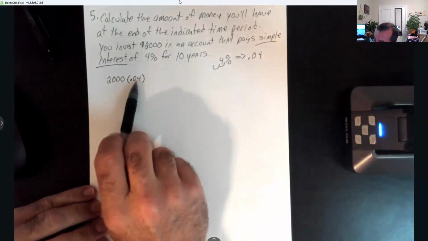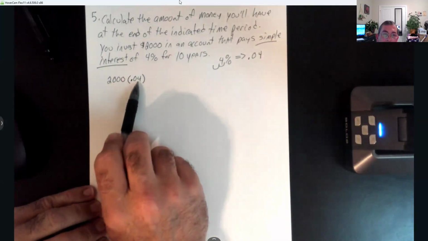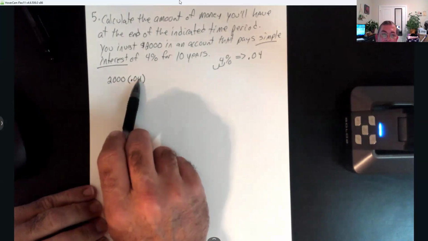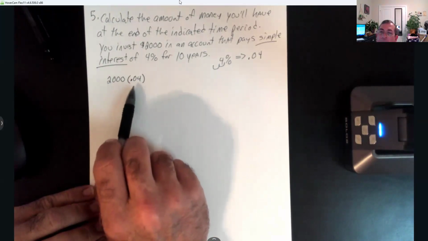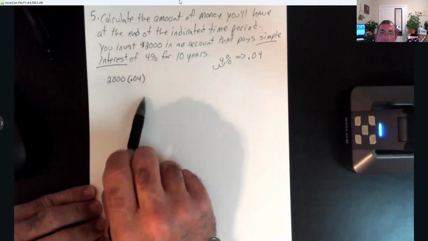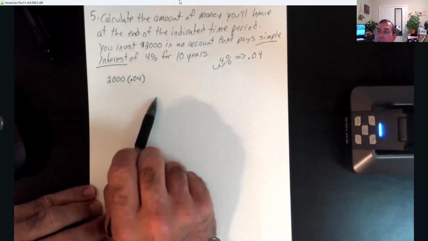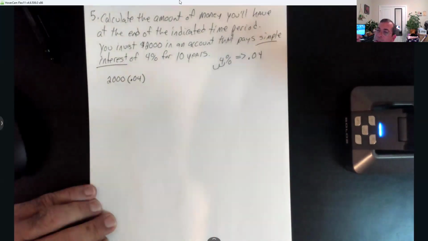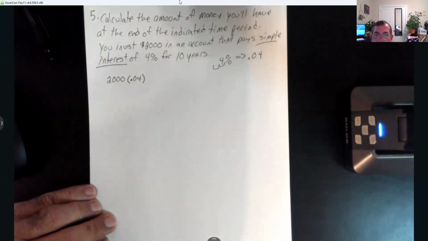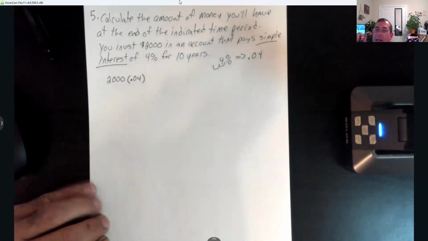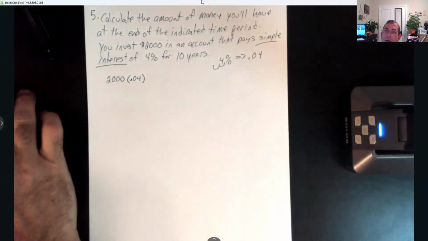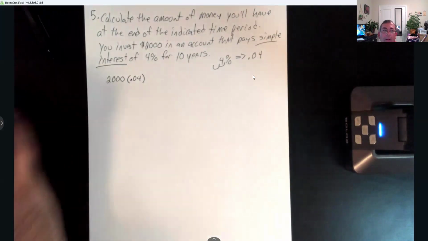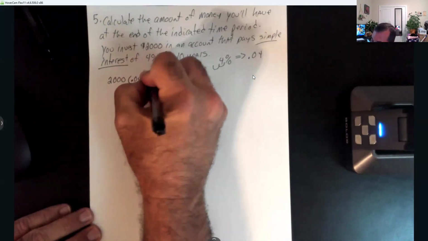Compounded interest would figure out what 4% for the first year is, add it back to it, and then the next year you'd get 4% of that total. Compounding adds the interest in and then figures out your interest for the next year. Simple interest is just a straight up 4%, and it's always 4% no matter how many years you do it, okay?